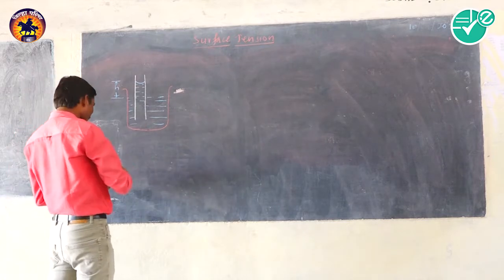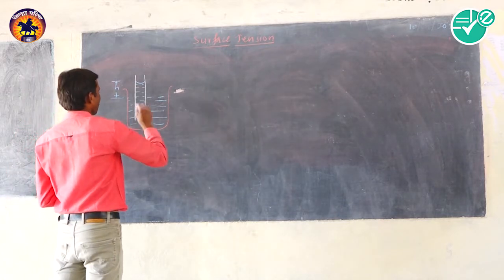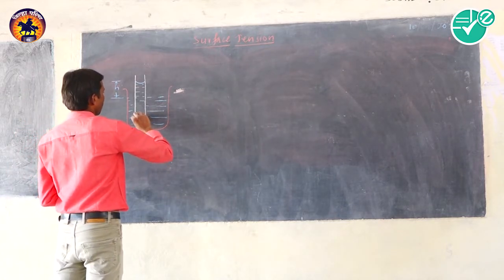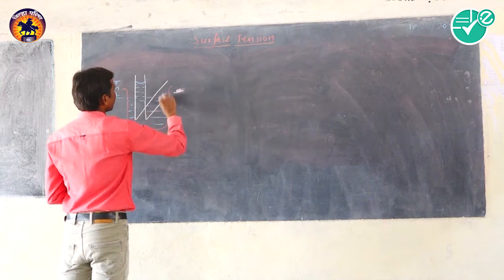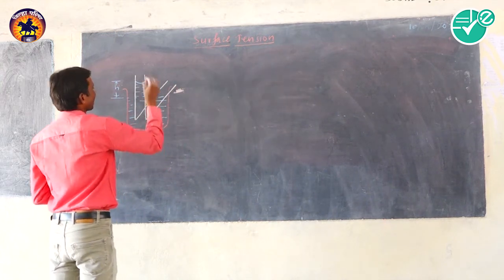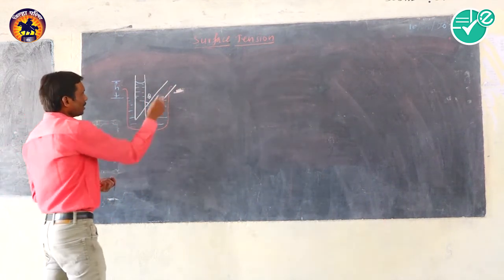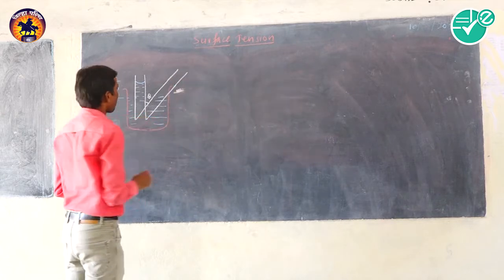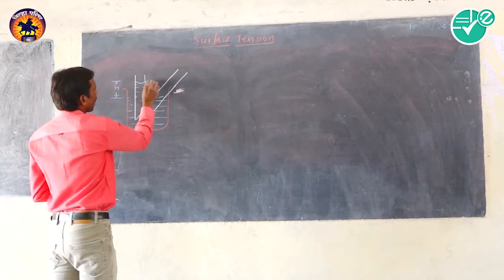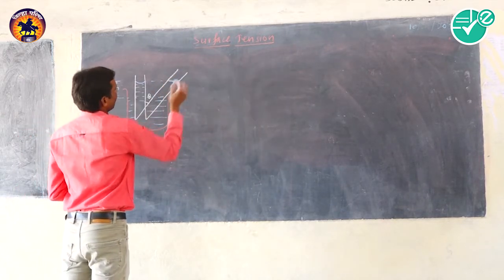But now consider the same glass capillary tube that is tilted through some angle. In this case, the height of the liquid remains the same.